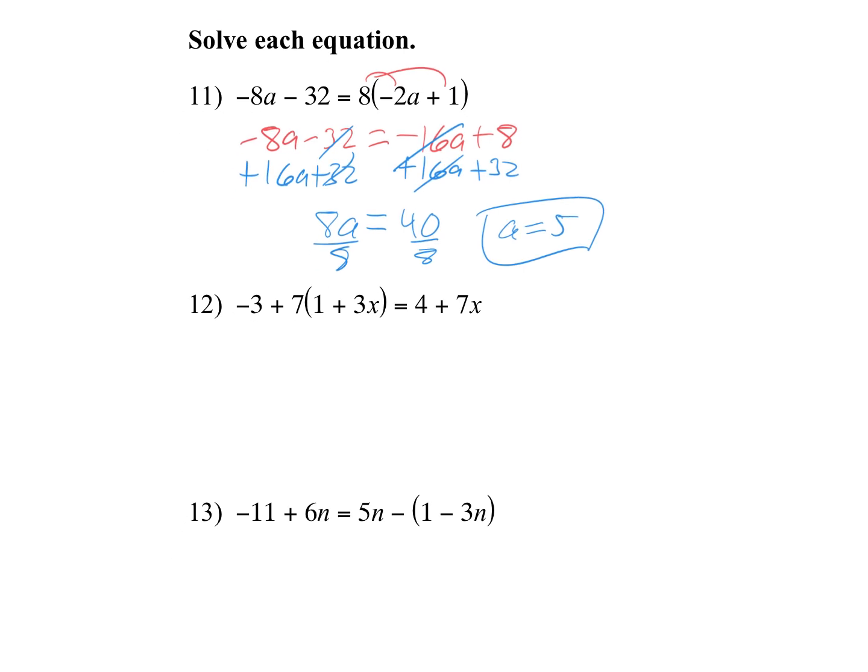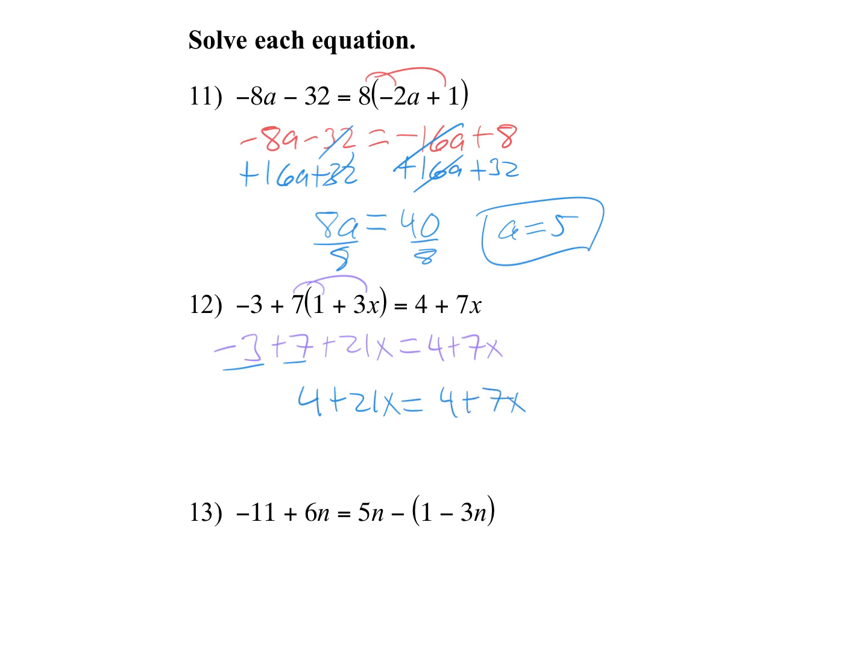All right, same thing with number 12. Right, we see parentheses and a number in front, so let's distribute the 7. Right, so then everything else stays the same. We get -3 plus 7 plus 21x equals 4 plus 7x. All right, and now let's combine like terms, right? -3 plus 7 is 4, and then plus 21x equals 4 plus 7x.